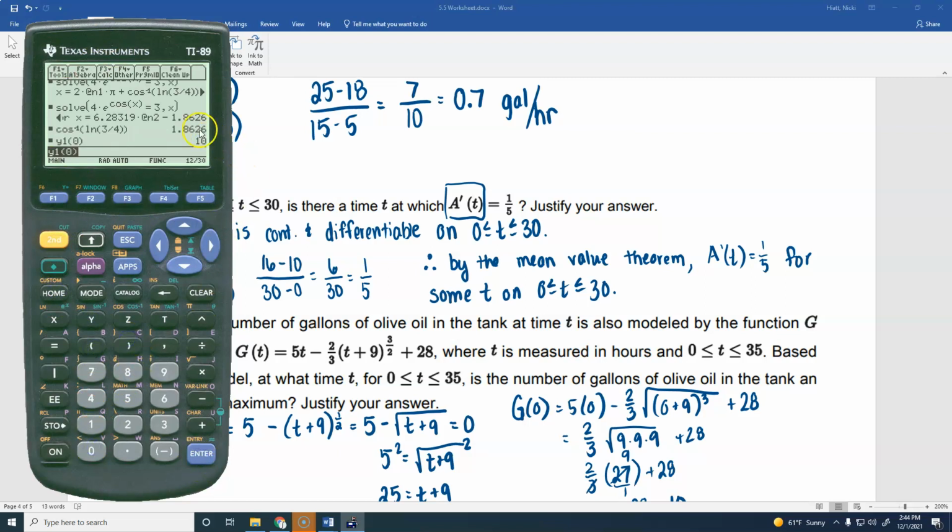And it'll give you 10, which we had already found. You can do Y1 of 16, which gives us 72 over 3, or 24.6667. And then we can do Y1 of 35. Hit that green button before you hit enter.